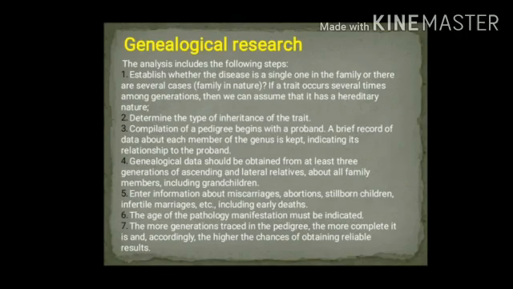Next, the age of the pathology manifestation must be indicated. And the last, the more generations traced in the pedigree, the more complete it is and, accordingly, the higher the chance of obtaining reliable results.